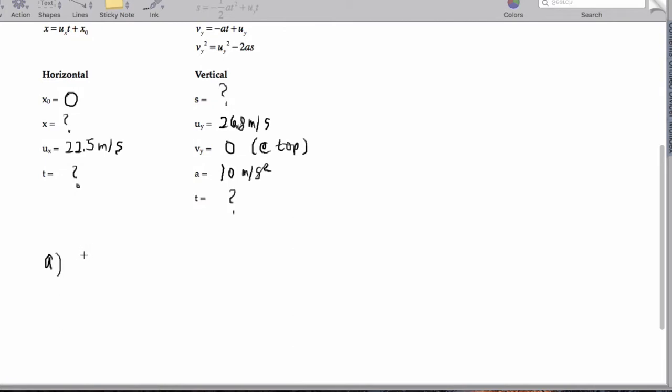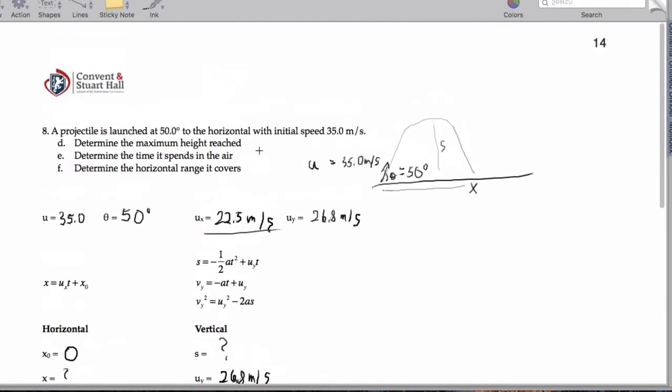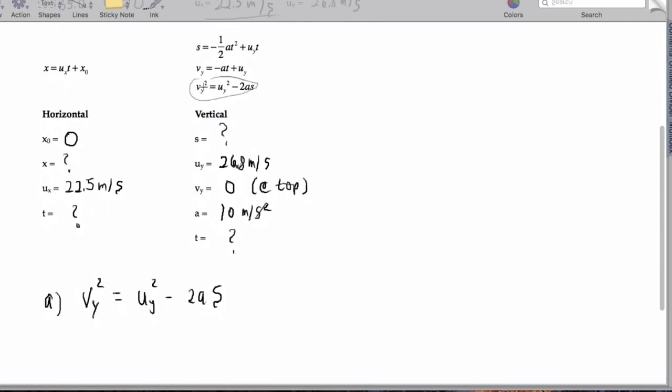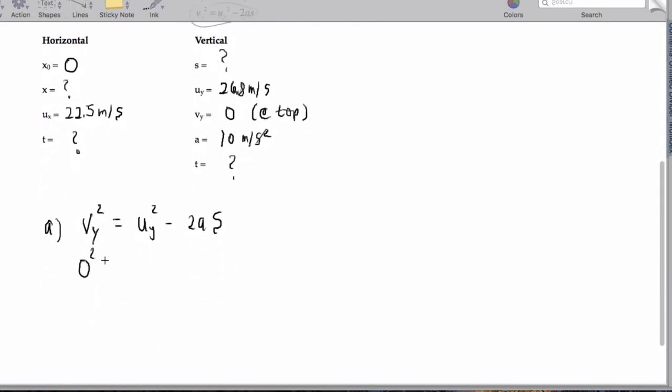So for part A, we want the maximum height reached. Now we don't have the time, so we're going to use the following equation, vy squared equals uy squared minus 2as. I am just taking the equation right here and applying it. So 0 squared equals 26.8 squared minus 2 times 10 times s.